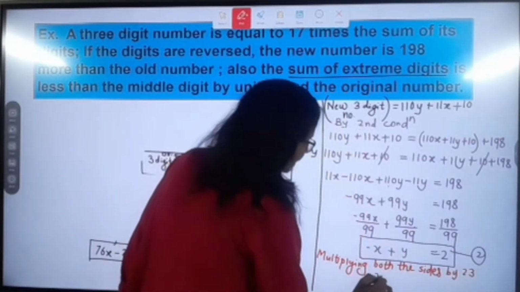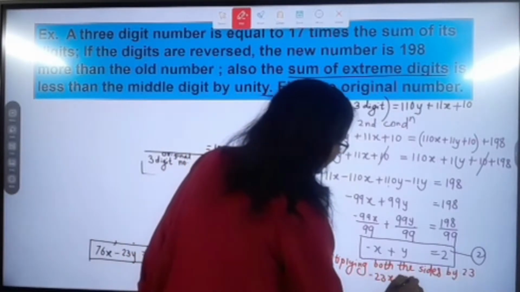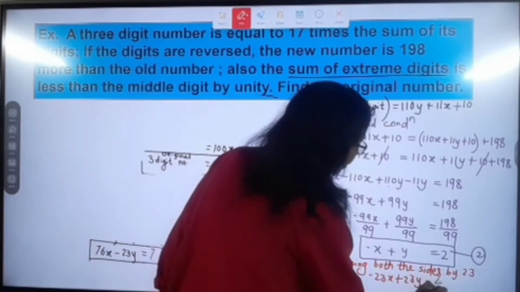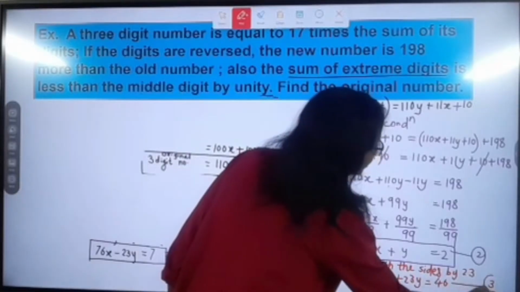So here minus 23x plus 23y is equal to 46, and call it the third equation.